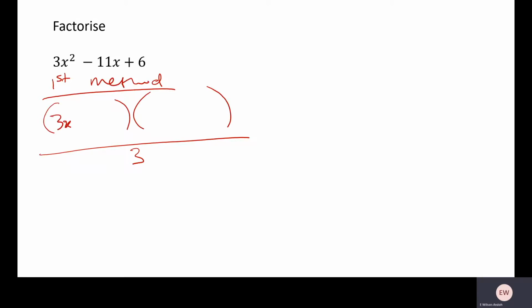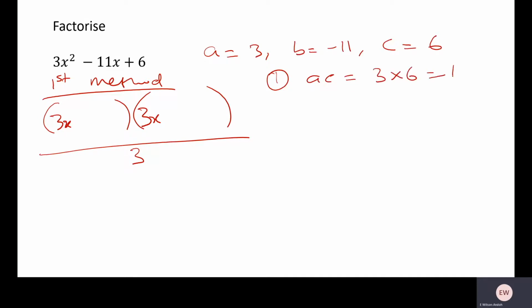Now that the coefficient of x squared is 3, so 3x and then 3x in both. Now let's find the rest of the terms. So we have our a to be 3, b to be minus 11, and c to be positive 6. So we find AC. Our AC is 3 times 6, which is 18.